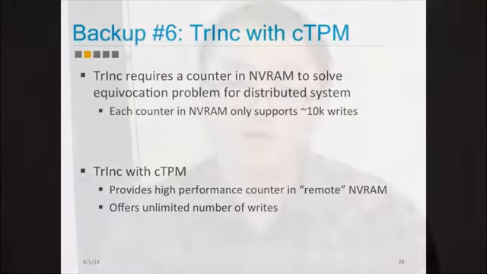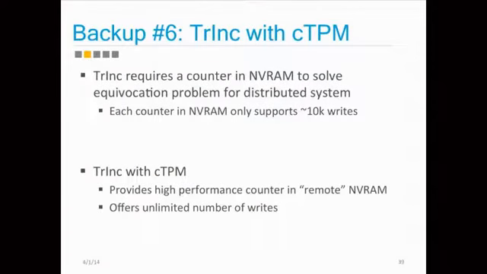Further, TrInc is used to solve the equivocation problem for distributed systems. The key problem for TrInc is that it requires a counter in NVRAM, which can potentially only be written around 10,000 times during its lifetime.